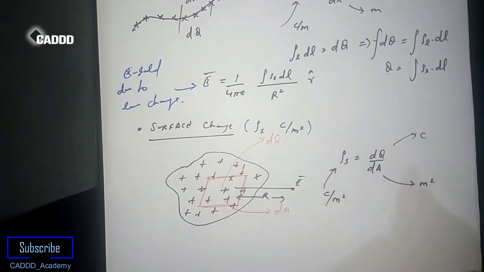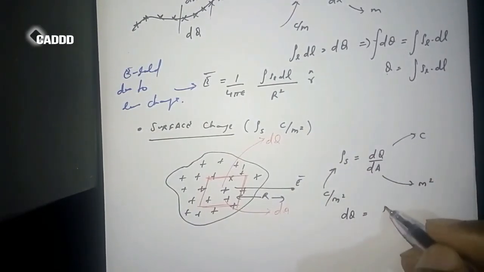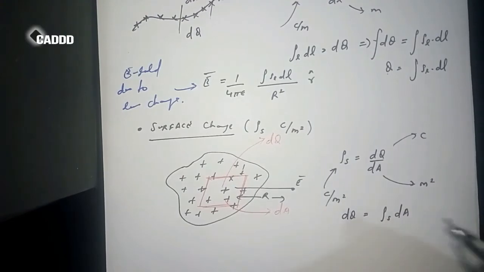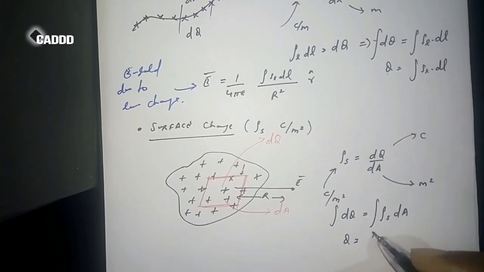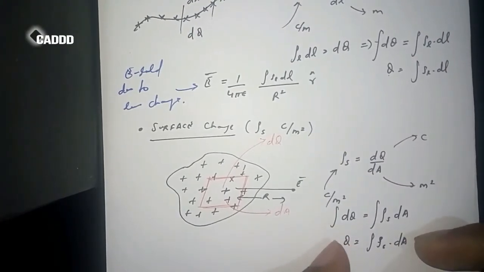Taking this dA to the other side, we get dq is equal to rho s into dA. Integrating both sides, we have q is equal to the integral of rho s dA.